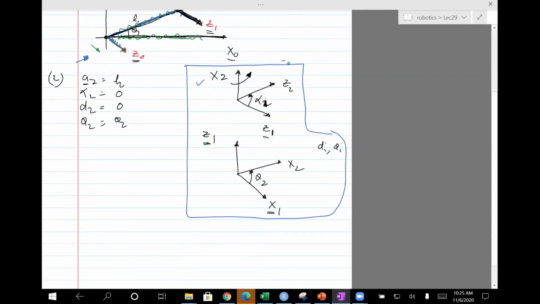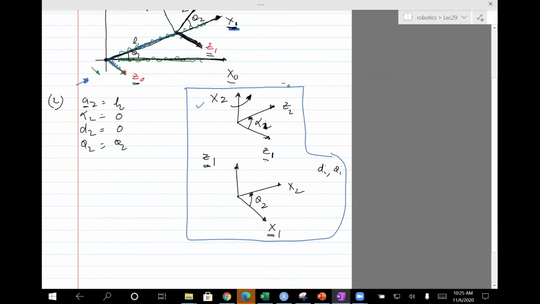So now what I'm going to do is write the DH table. Now that we've got both the parts, the DH table looks like this.